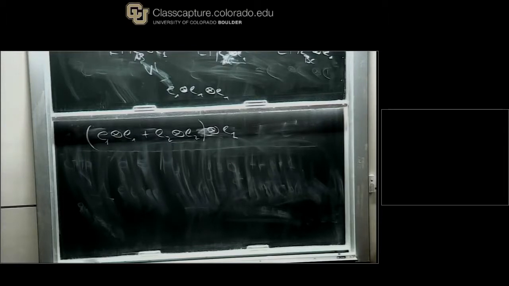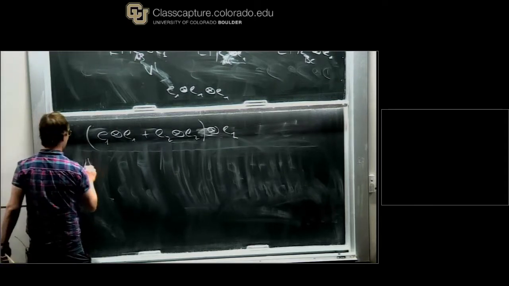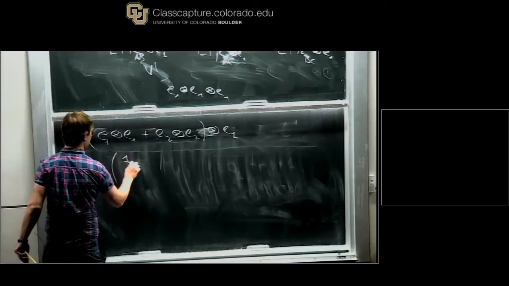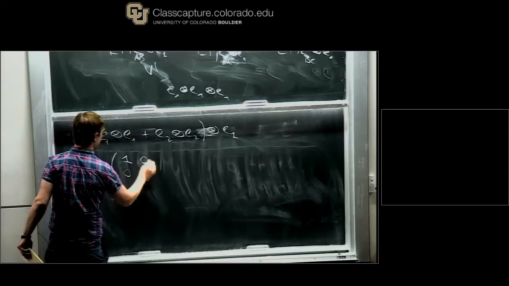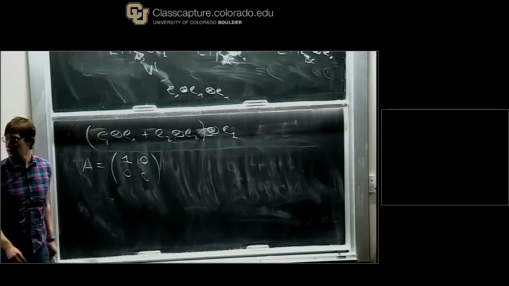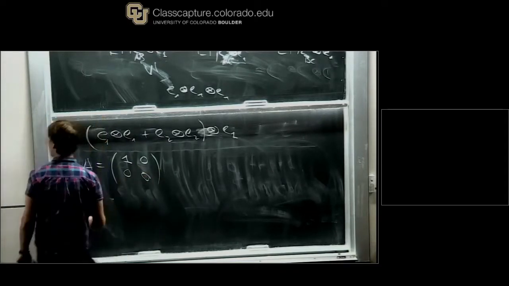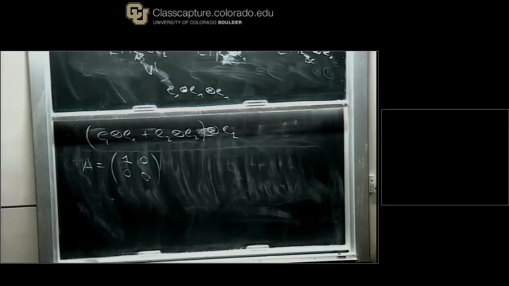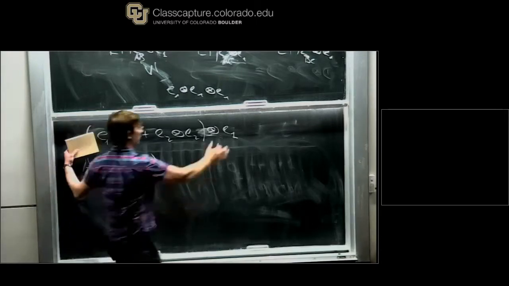Who knows the map? Yes, so the map A would be 1, 0, 0, 0. That's what you want to apply. It's exactly this. It's also no surprise that it's exactly such an implementation, because the third factor really doesn't play any role here.